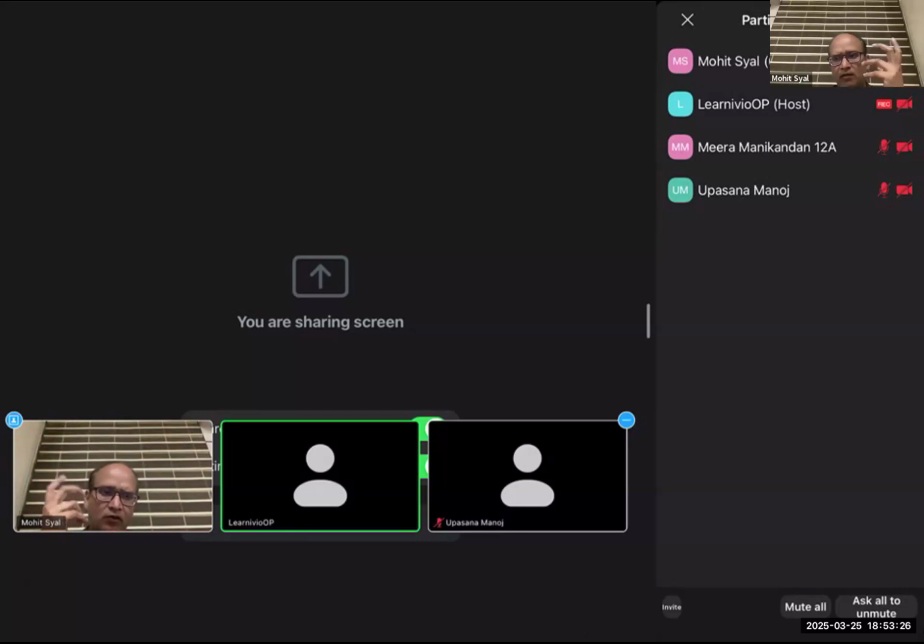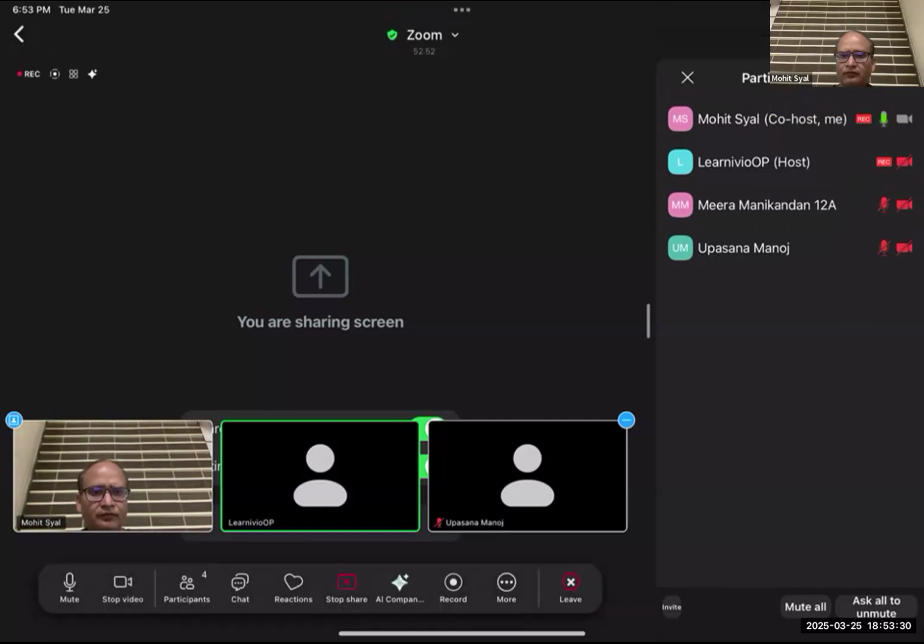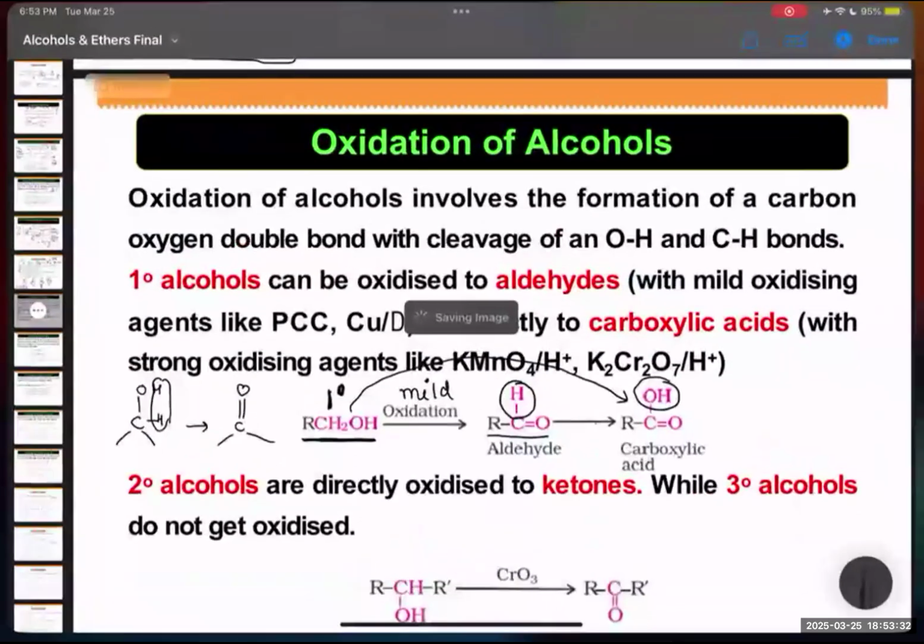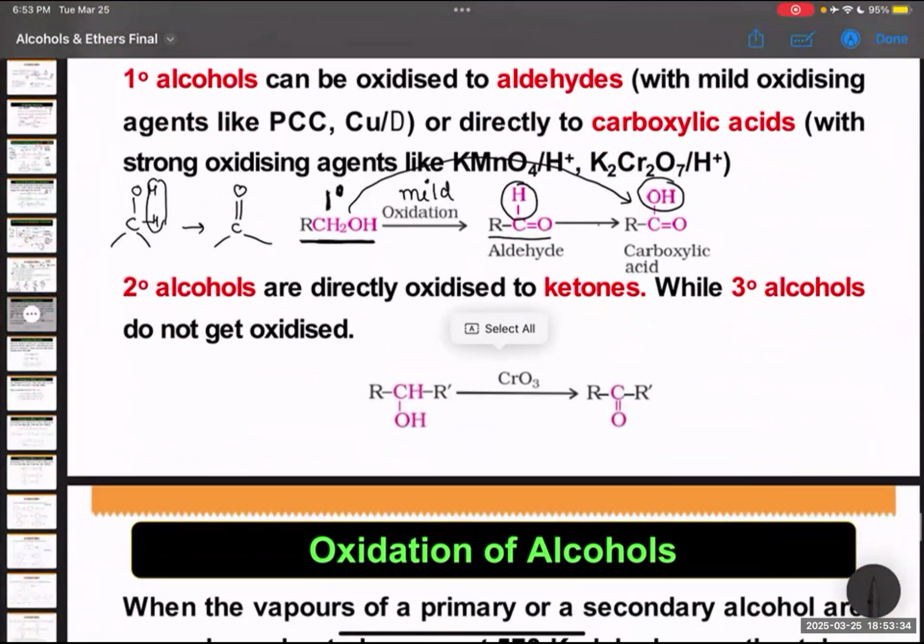So two things you need to keep in mind. For secondary alcohols, there is only one option. Secondary alcohols have just H and H, and they will get removed, and you have C double bond O. That's it. Got it? So ketone, and ketones are very difficult to oxidize further.